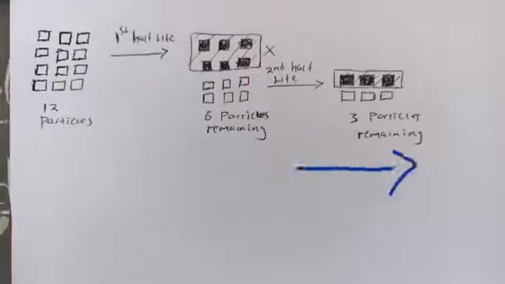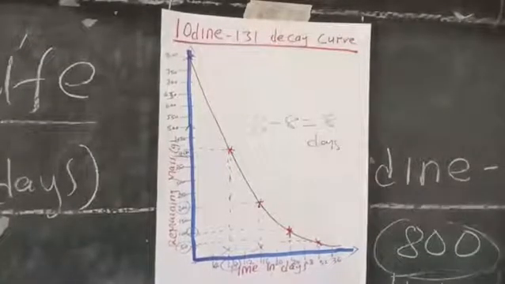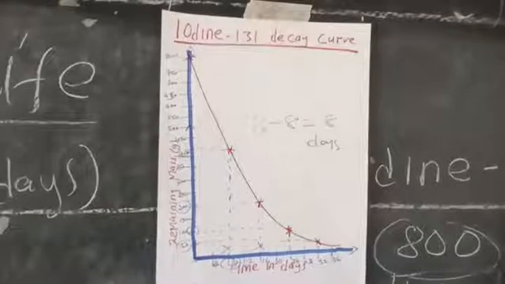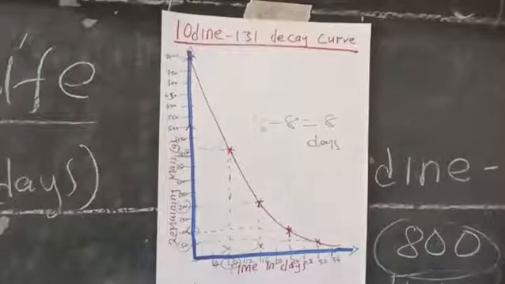The half-life can vary from seconds to years, and therefore radioisotopes with the shortest half-lives decay faster than those that have longer half-lives. For example, we have nitrogen 13, which has a half-life of only 10 minutes. And therefore, in 10 minutes, the amount of nitrogen 13 will decay by half.